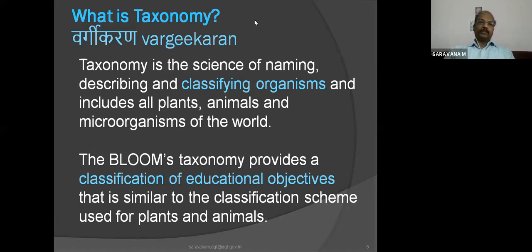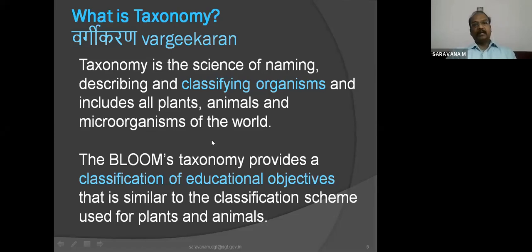And first, before educational taxonomy, we will see what taxonomy means in general. So before going to taxonomy of educational objectives, let us see what taxonomy is in general. Classification is taxonomy. Taxonomy is the science of naming, describing and classifying organisms, and includes all plants, animals and microorganisms of the world.